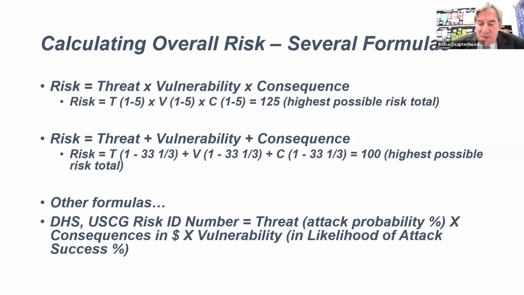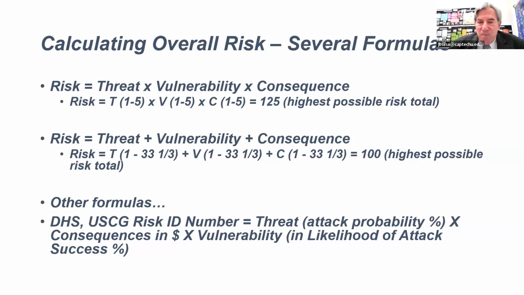So once you multiply them, let's say if the risk is at its highest, then you'd come up with a score of 125 to denote the highest possible risk total. Now, to me, the highest possible risk total should be scored at 100.